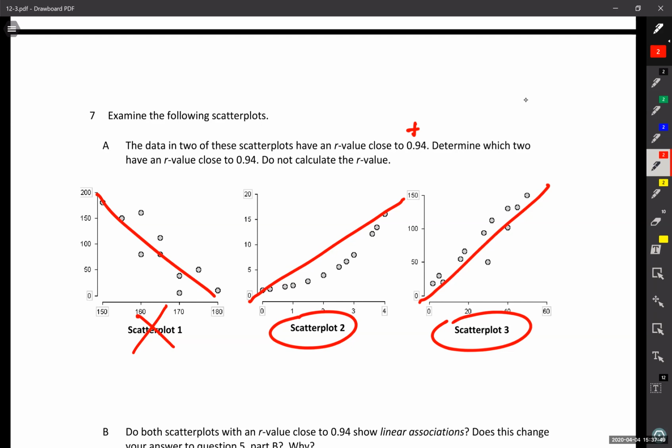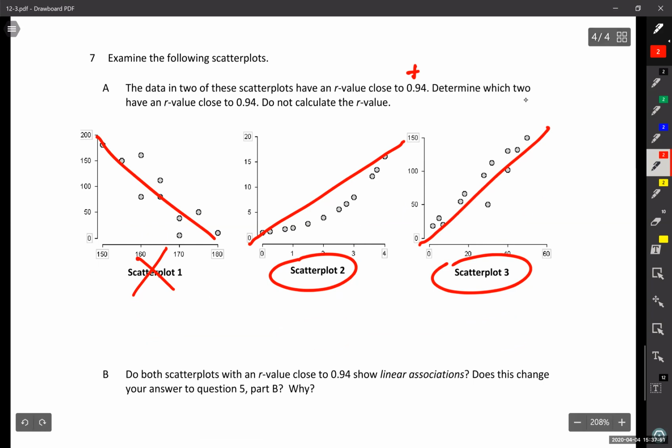All right, do both scatter plots with an R value close to 0.94 show linear associations? So let's look at these dots. Scatter plot 2, do those dots follow a straight line? No, and one way you can tell is when I drew that red line in, even though the pattern goes up like the red line does, notice all the dots are on one side.